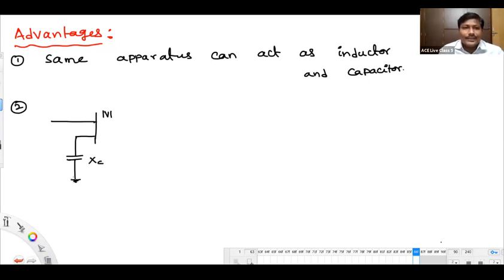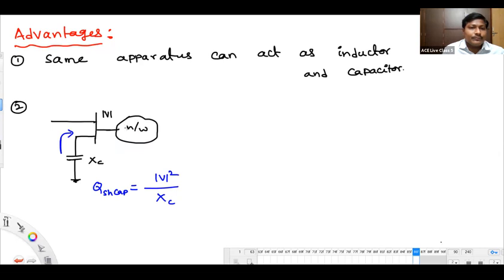What is the amount of reactive power injected by the capacitor? The formula is mod V square by XC. So this is some network we have, and mod V square by XC is the amount of reactive power injected.